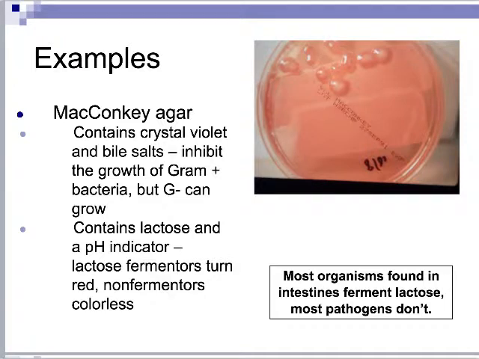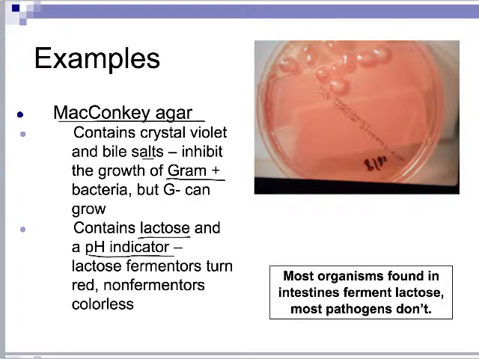Okay, here's an example called MacConkey agar. MacConkey agar has crystal violet and bile salts in it. The crystal violet and the bile salts keep gram-positive bacteria from growing, but gram-negative can grow. A lot of gram-negative organisms are found in your gut. MacConkey agar also contains lactose and a pH indicator.